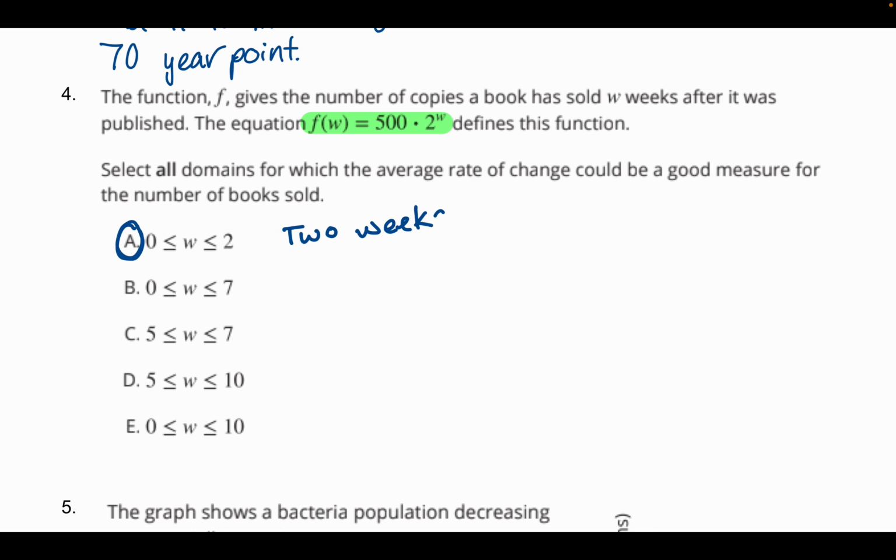So 2/3 is actually bigger. So I would say 2 over 3 is greater than 3 over 5. So the smaller one is going to be decreasing faster, which means the graph is decreasing faster.